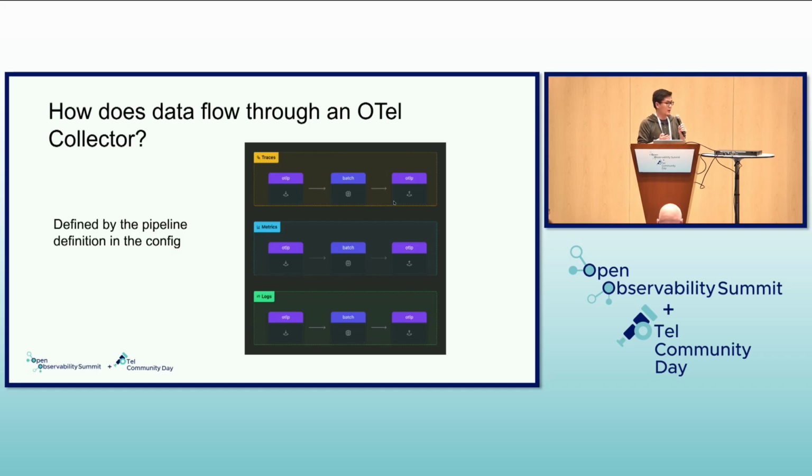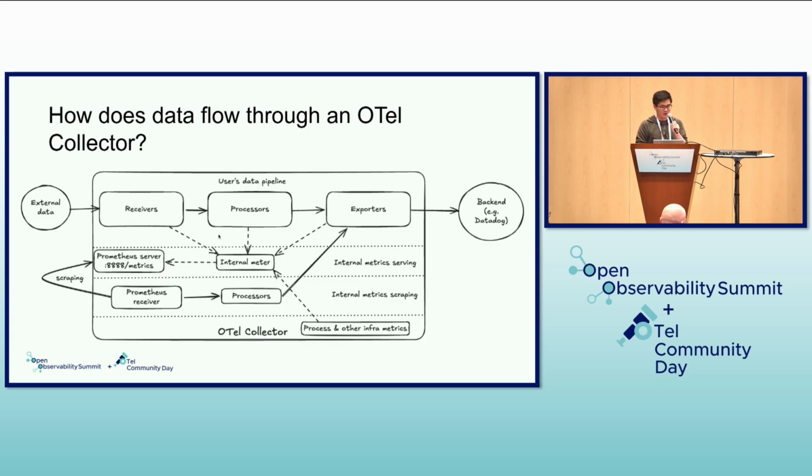In practice, your pipeline can be much more complex, which can include routing, fan out, fan in, and other stuff. But once you have the full configuration and definitions, you should be able to visualize them as DAGs on OTelBin.io.